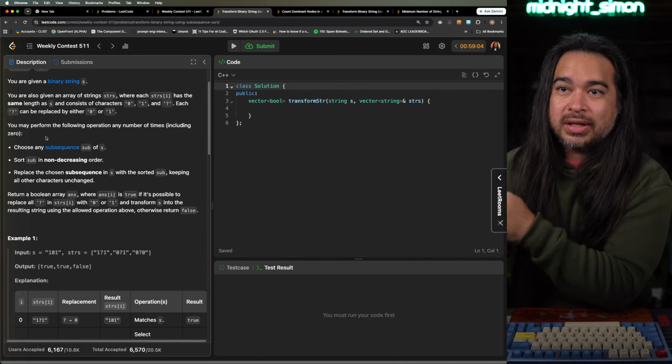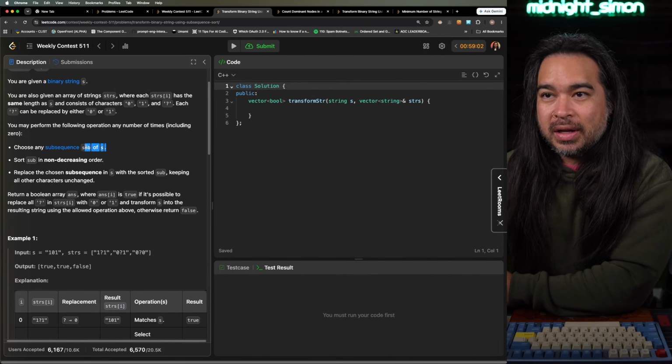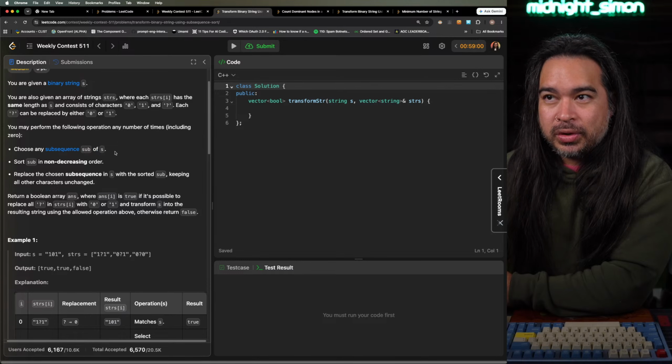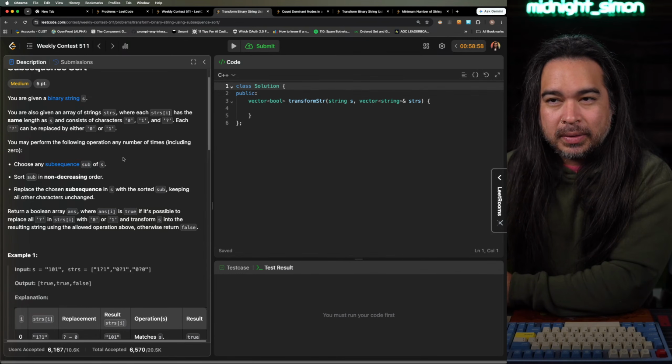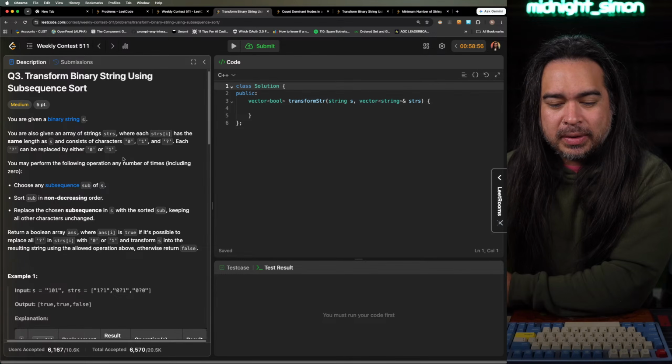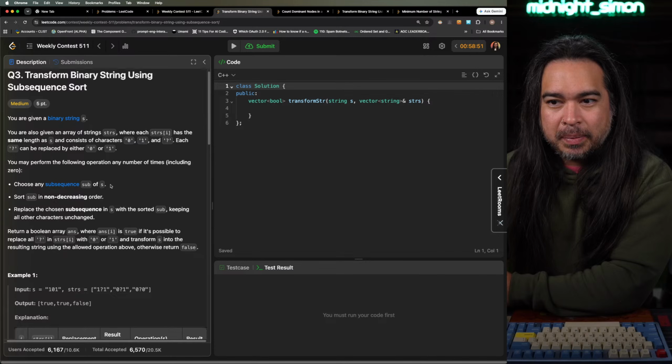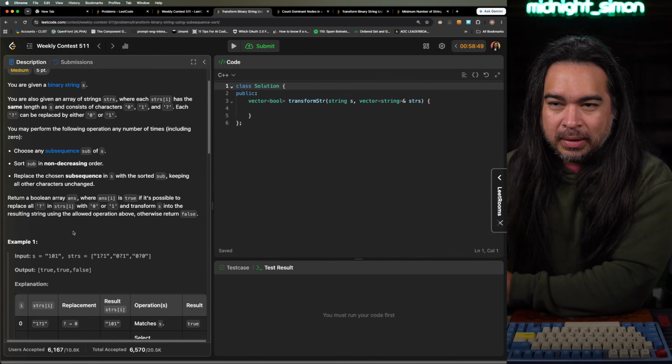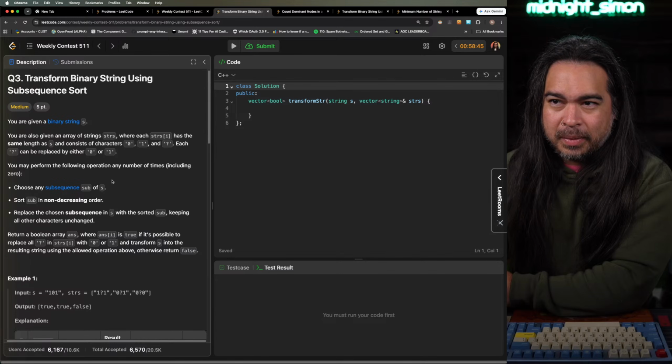Oh wait, it says choose any subsequence, not any substring. So sorting the subsequence, that sounds a little funky. Let me see what that really means. Wait, what? Sort the subsequence in non-decreasing order.